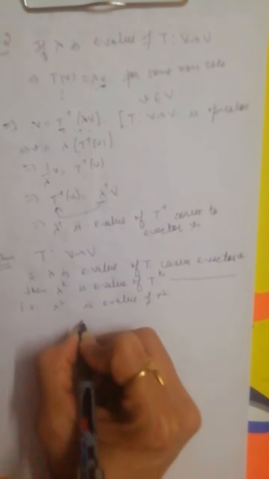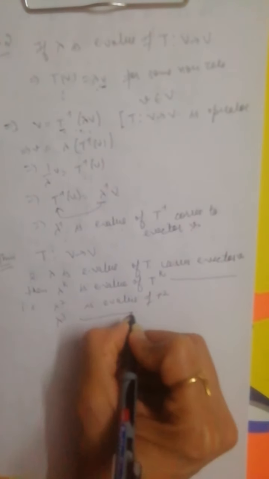That is, lambda square is eigenvalue of T square, lambda cube is eigenvalue of T cube, and so on.